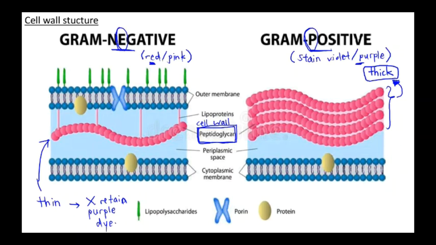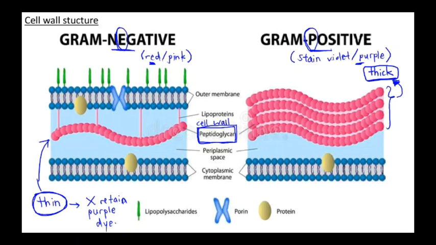And all this is because of the cell wall structure of the bacteria, whether it has a thick peptidoglycan layer cell wall or a thin peptidoglycan layer cell wall that cannot trap the purple dye. What else is different between the cell wall of gram-negative and gram-positive?